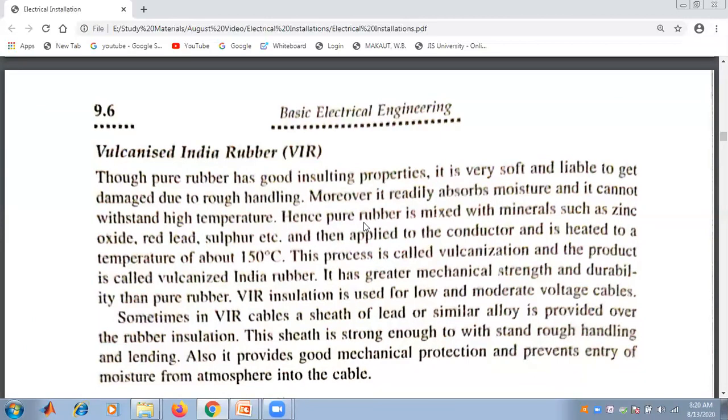Hence, pure rubber is mixed with materials such as zinc oxide, red lead, sulfur, etc., then applied to the conductor and heated to a temperature of about 150 degrees centigrade. This process is called vulcanization, and the product is called vulcanized India rubber, or VIR.